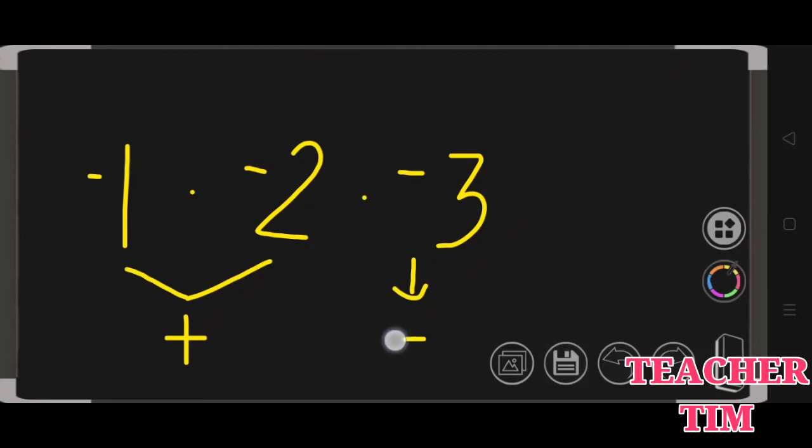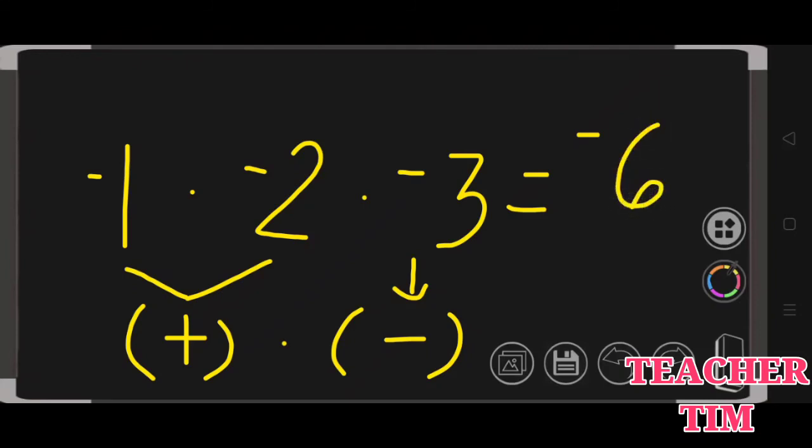And the third number is negative, meaning you will multiply a positive number to a negative number. So what is the answer? Of course, that's negative. So 1 times 2 is 2, 2 times 3 is 6. So the final answer is negative 6. So I hope you learned from these examples. Again, negative 1 times negative 2 times negative 3 equals negative 6.